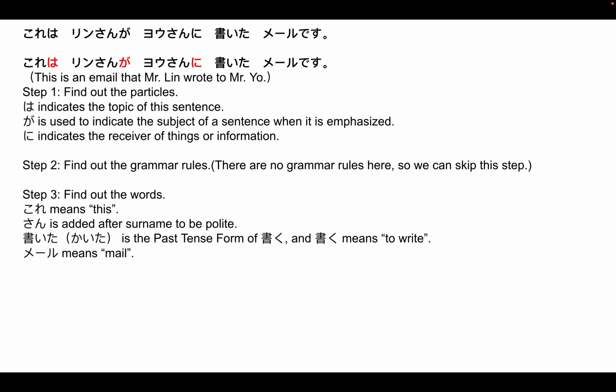Kore means this. San is added after a surname to be polite. Kaita is the past tense form of kaku, and kaku means to write. Meiru means mail. So, this is an email that Mr. Lin wrote to Mr. Yu.